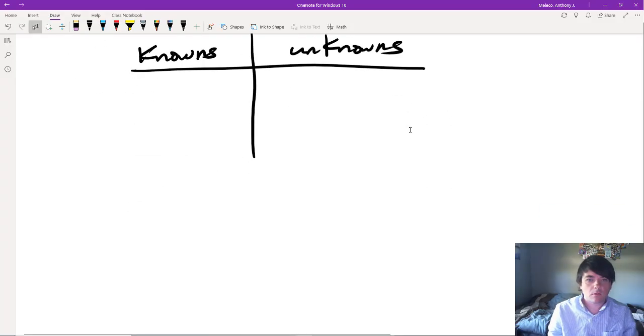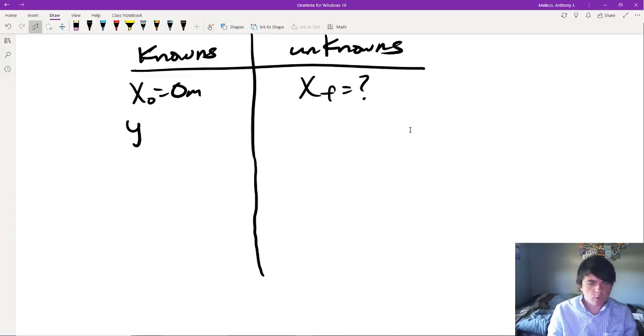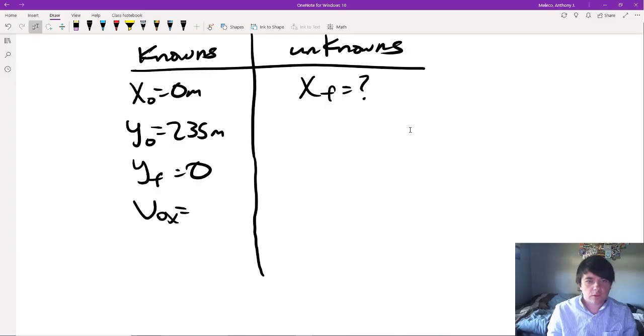Okay, let's do our knowns and unknowns with that information. X initial we said was 0. X final we don't know. Y initial is actually 235 because we said y final would be 0. V naught x is 69.4 meters per second.